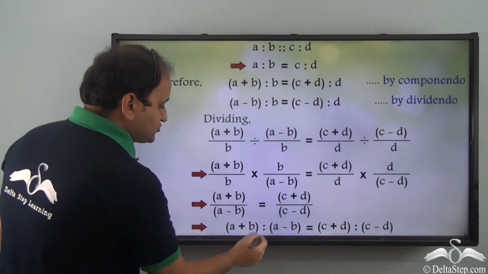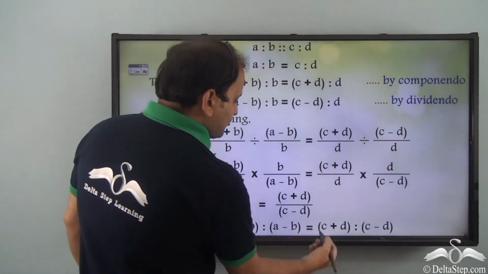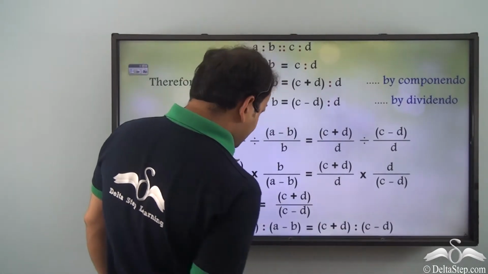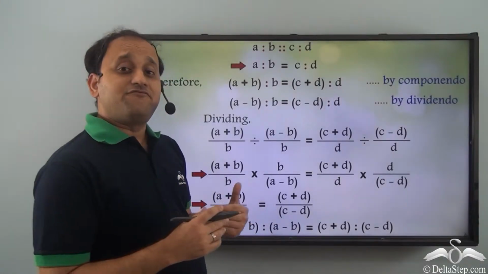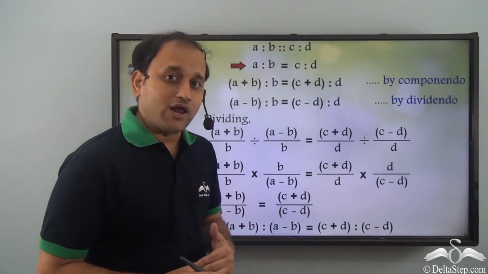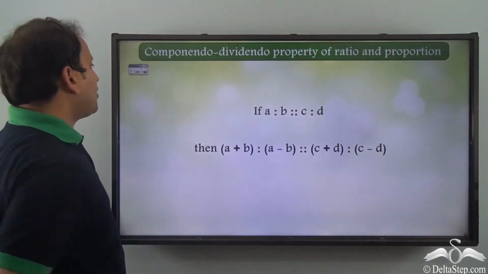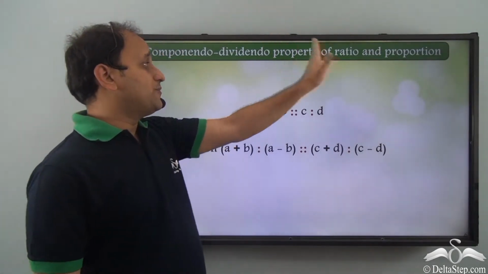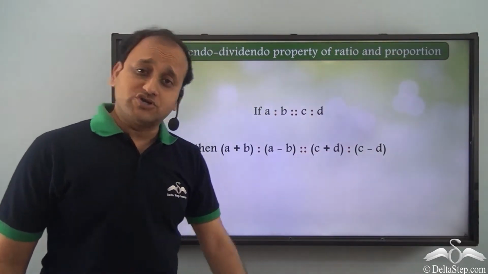A plus B is to A minus B is equal to C plus D is to C minus D. And this is a very important property of ratio and proportion. And what do we call it? We call it componendo dividendo property of ratio and proportion.